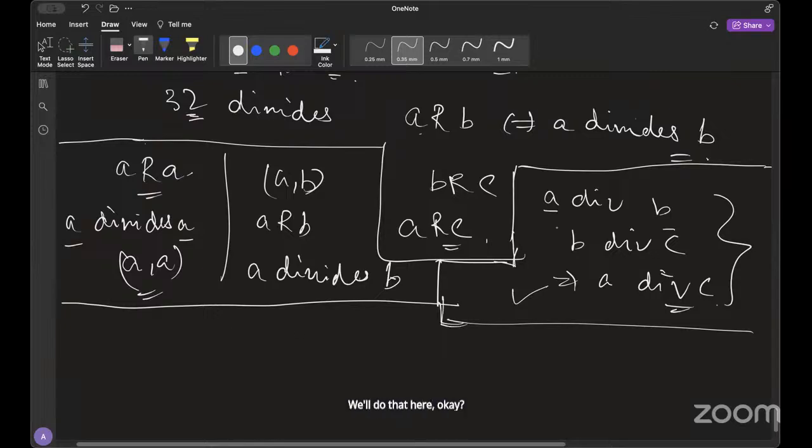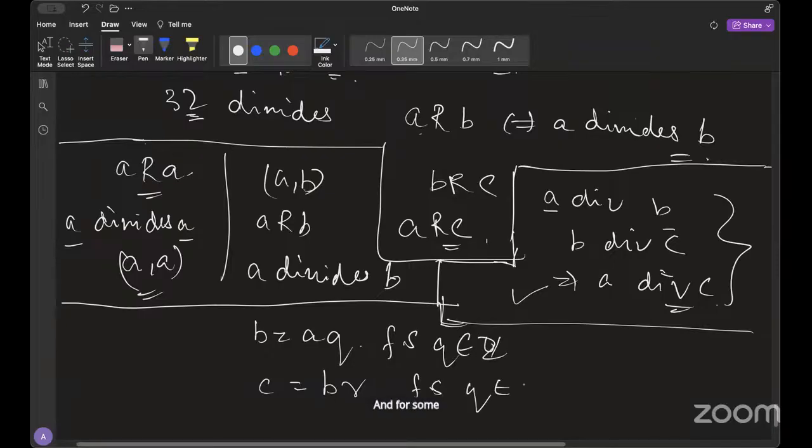So if A divides B, that means B is equal to AQ for some Q, right? And B divides C means C is equal to BR for some R belonging to integers. Is this part fine?